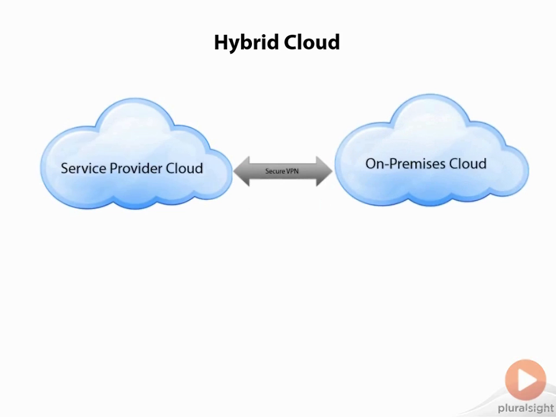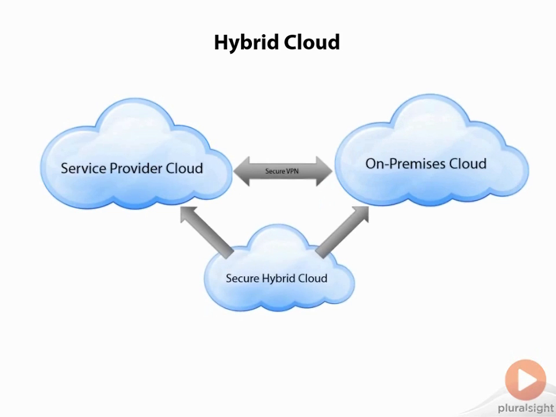We create a secure VPN tunnel between the service provider cloud and our on-premises cloud. And this creates what we now know as our secure hybrid cloud. Our consumer makes requests into the secure hybrid cloud, and the services are rendered where we require them.